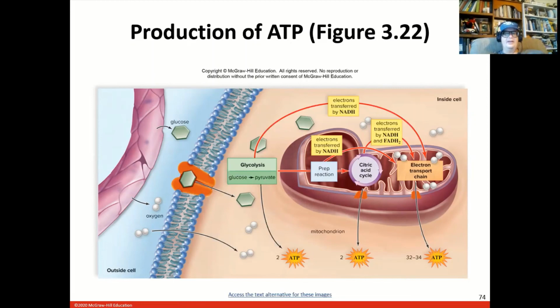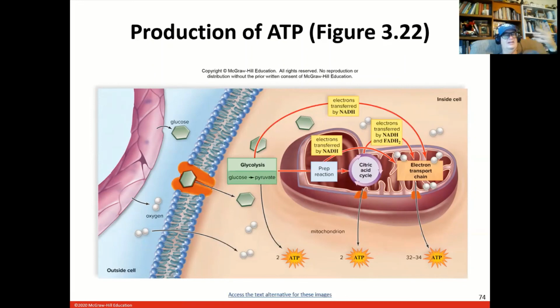And then we're going to take the remains of the pyruvate and modify it. We'll go from being 3 carbons to being 2 carbons. Acetyl-CoA is what we're going to make, and acetyl groups are 2 carbons.